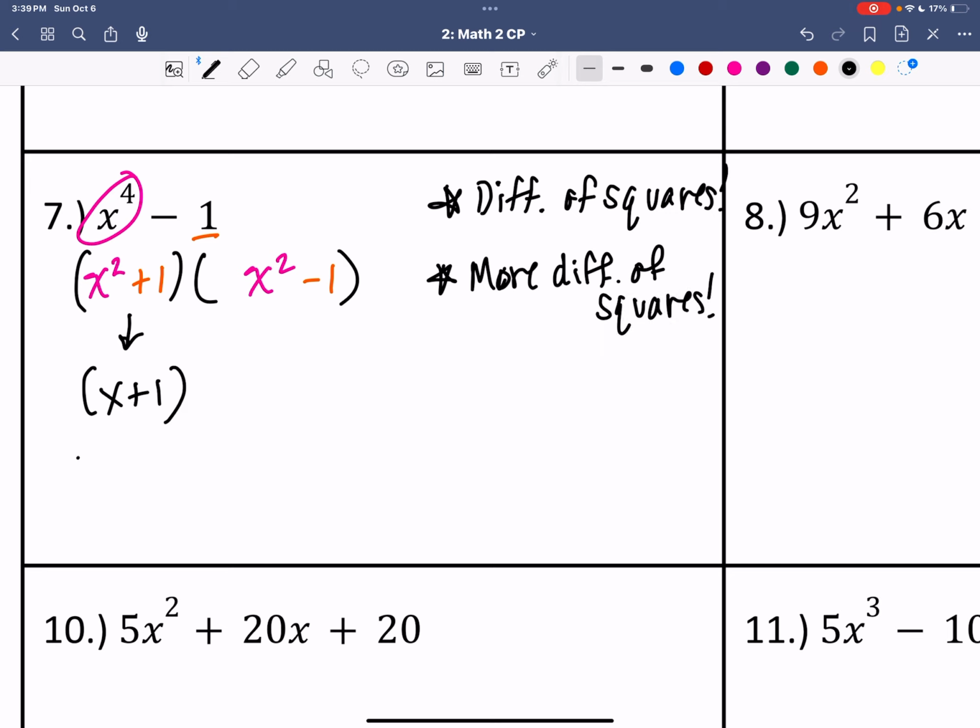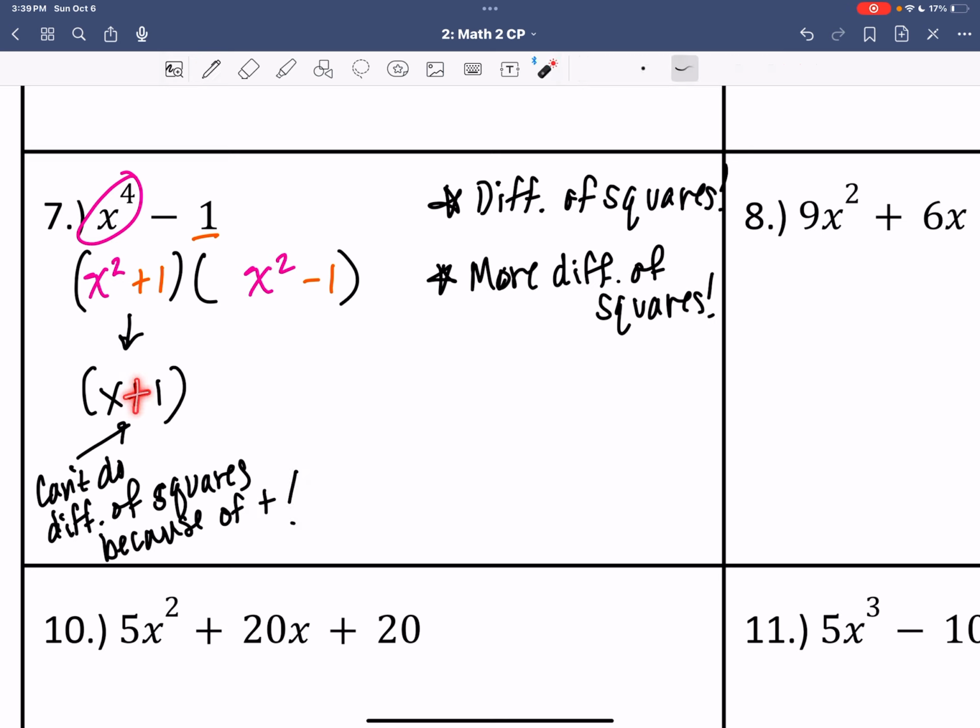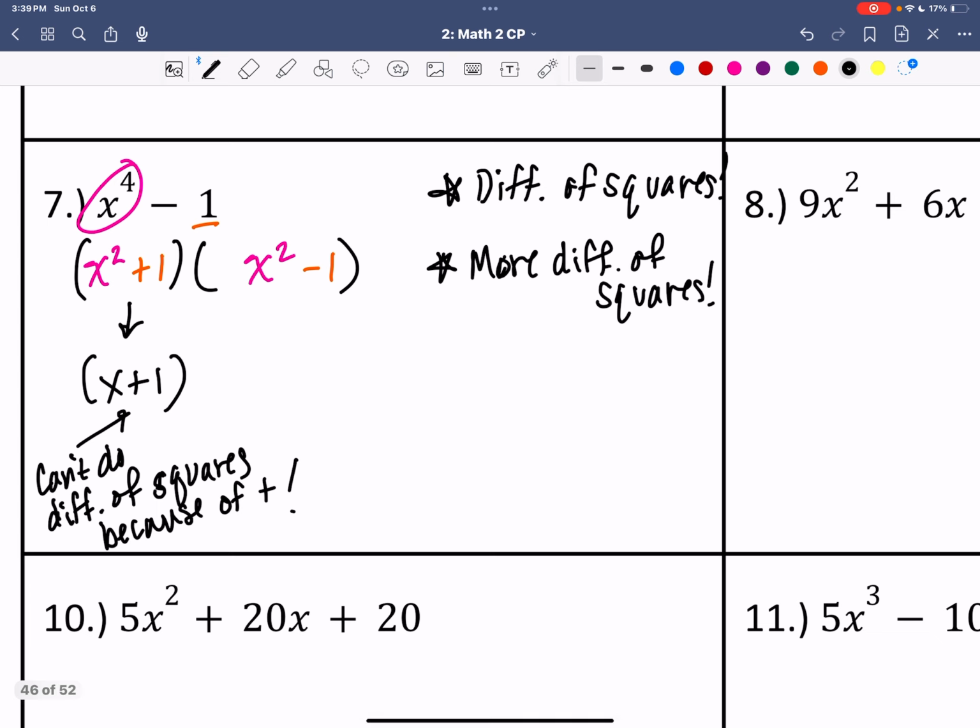So here, you can't do difference of squares, because of the plus. So we're done here. But here, since this is minus, now we can use this for this guy. So let's go ahead and let's factor this some more.